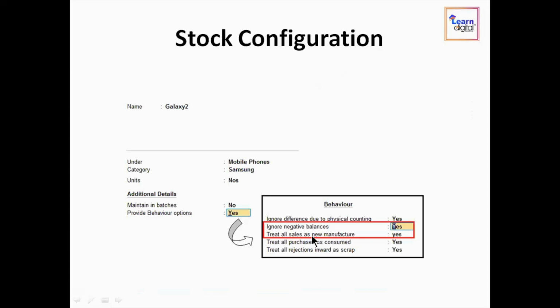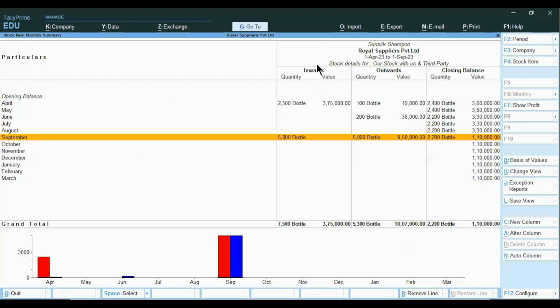Means treat all sales as new manufacture. So whatever goods you sold are treated as new manufacture. So it means we have an inward, and it is showing inward as well as outward. At the end we had 2200 bottles available in the stock for sales again.